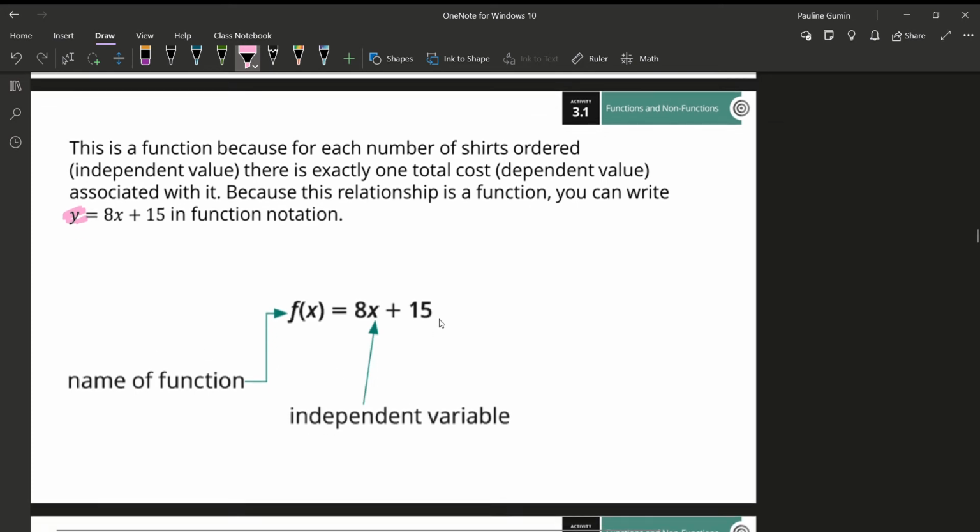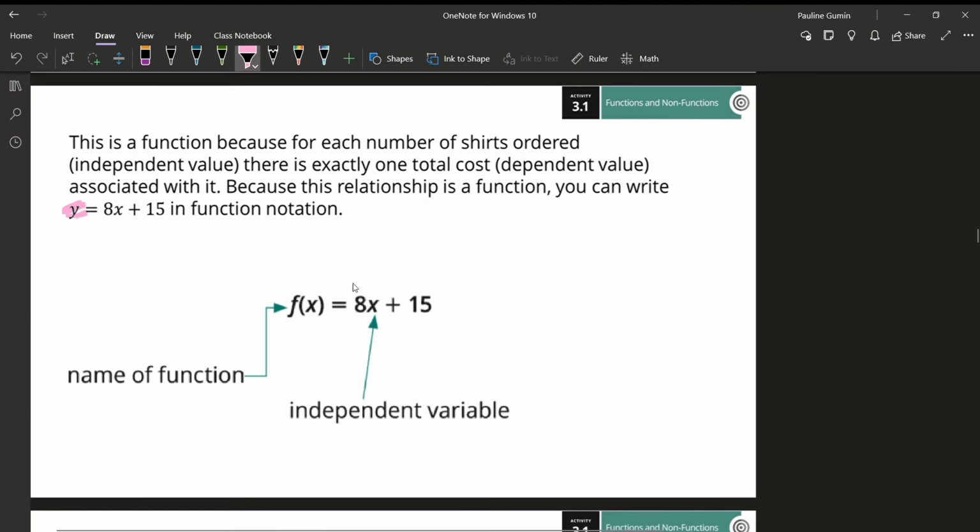Because of that, it's a function, and we use function notation to write it. Now, instead of y in our original function, we are going to write this. Now let me translate it. The f parentheses x is actually f of x. That's how we pronounce it. And to go even further, that f means function.